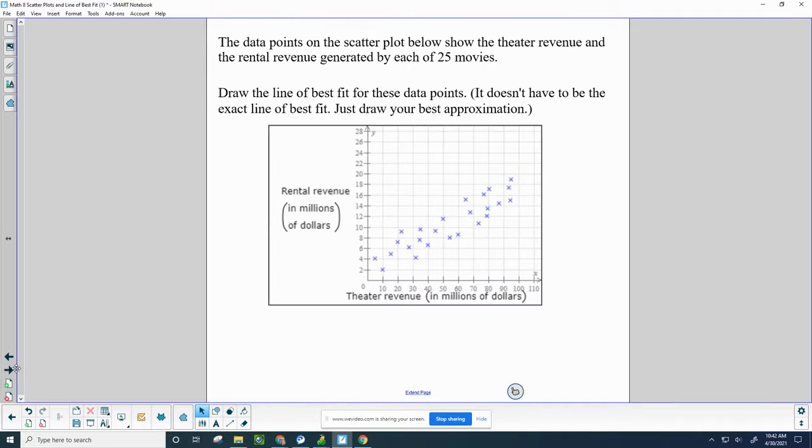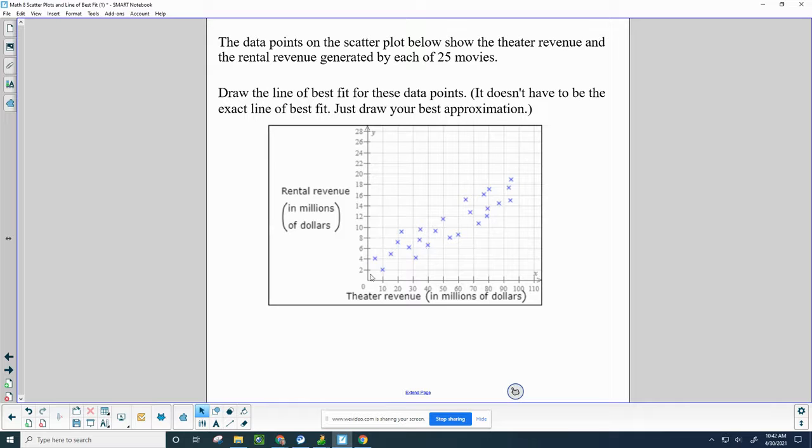Okay. All right, so here's some data points. This is the theater revenue in millions of dollars, and then the revenue for rental in millions of dollars as well to rent a movie. So these data points are going to represent how much people go to the movie and spend money versus how much they rent.